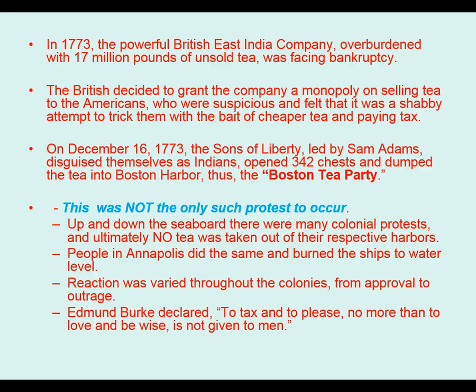So as we get into this, like it says in 1773, the British East India Company, which is basically the background of a lot of corruption at this time period, the British basically set up their colonial system to bail out that East India Company, or the tea company at least. Like it says up there, the company had 17 million pounds of unsold tea and was facing bankruptcy, and as a result, the British grant that company a monopoly.